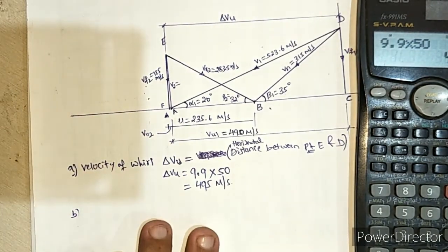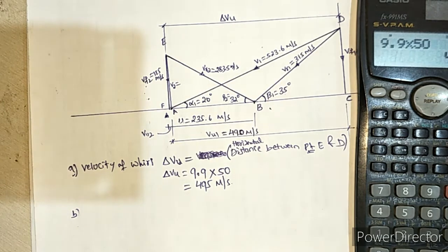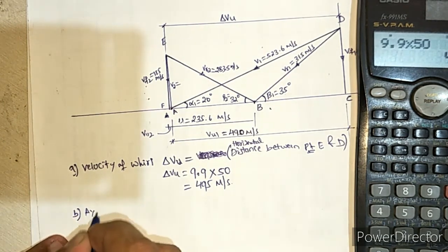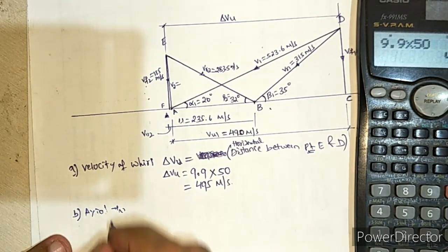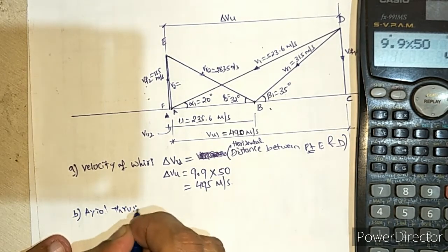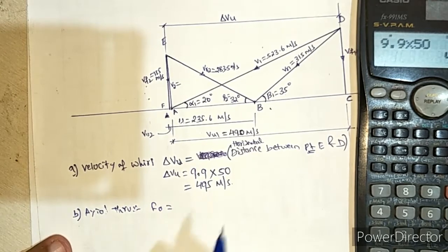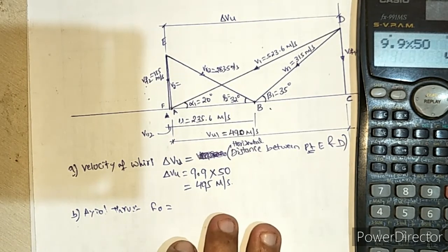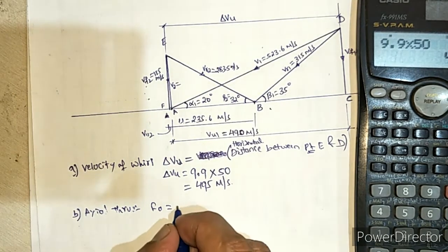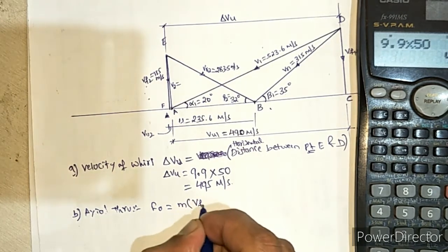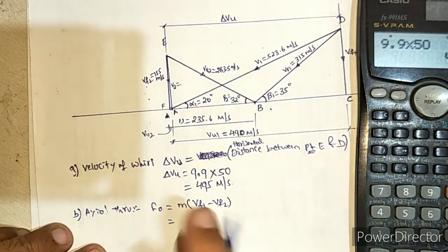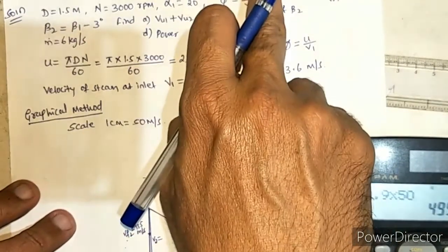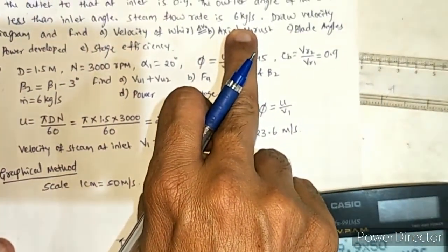Then we will go with the B bit, that is axial thrust. FA is equal to, what is the equation for axial thrust? Axial thrust is given by m into bracket Vf1 minus Vf2. So just substitute the values here. Mass flow rate is already given, it is 6 kg per second.